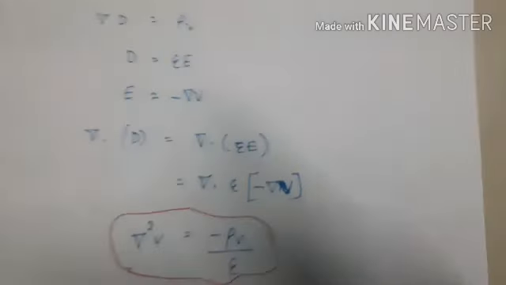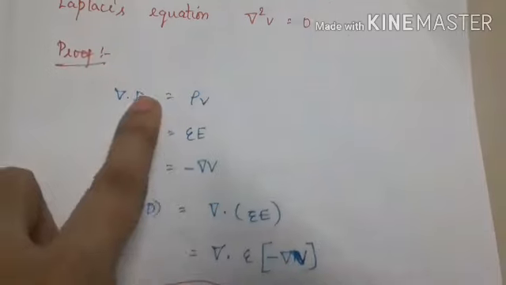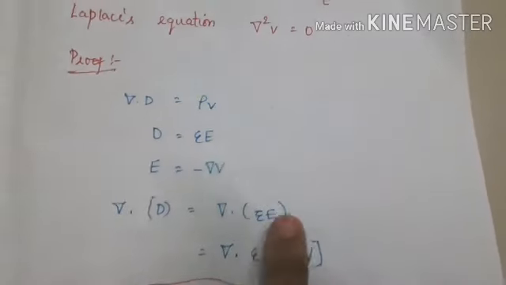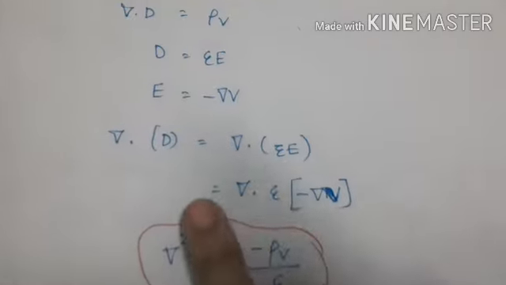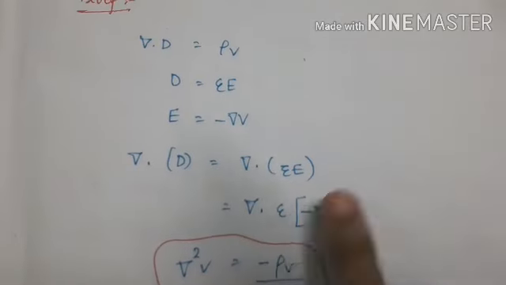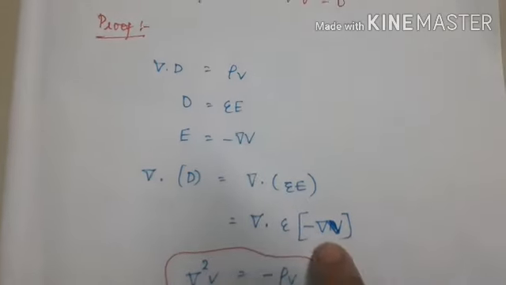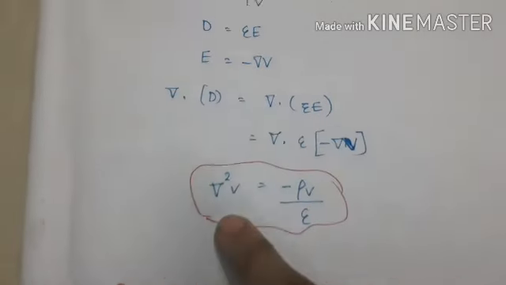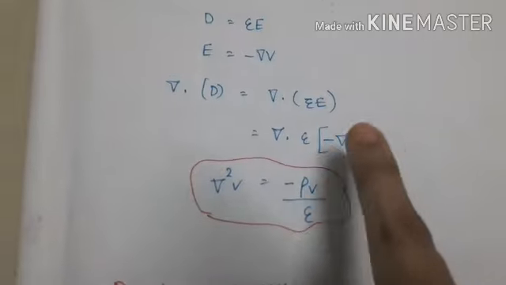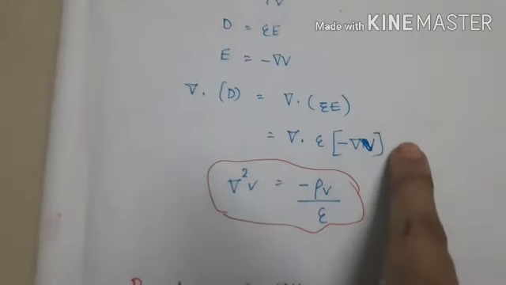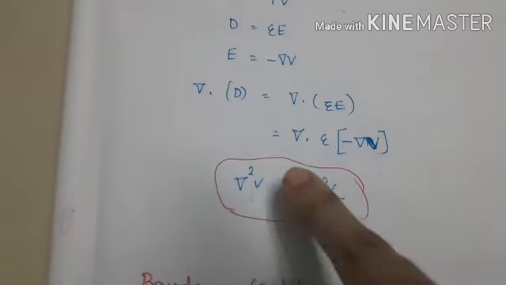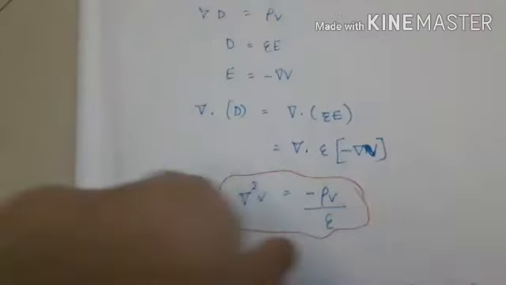So del dot D, in place of D we substitute epsilon E. So del dot epsilon E is equal to del dot epsilon into, in place of E we substitute minus del V. Substituting, we get del squared V is equal to minus rho V by epsilon.